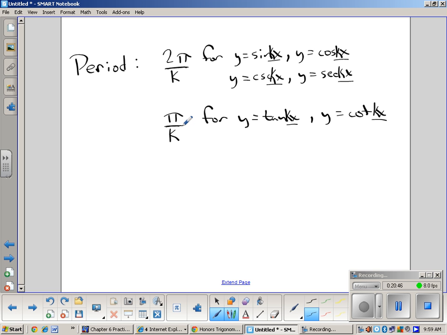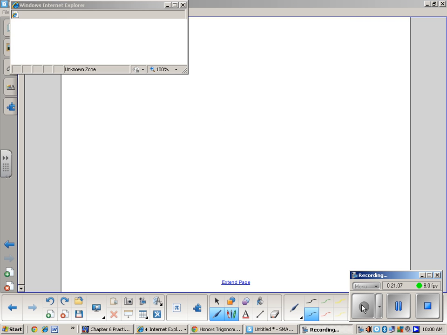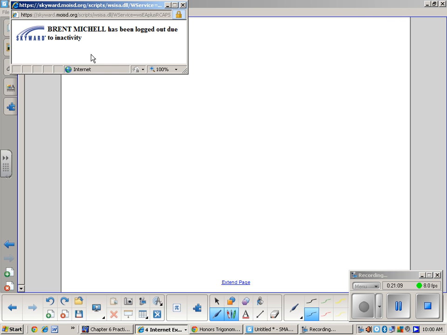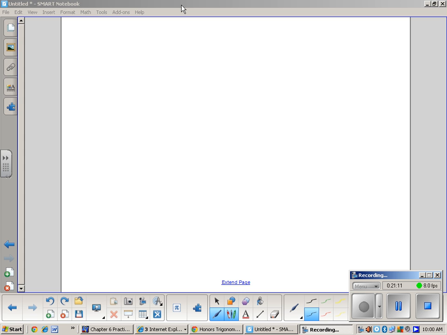So the number in front of the angle is still going to affect the period. Okay? All right, a couple examples. Actually, there are 3 examples I want to look at.